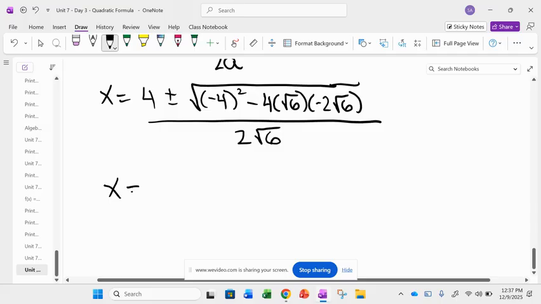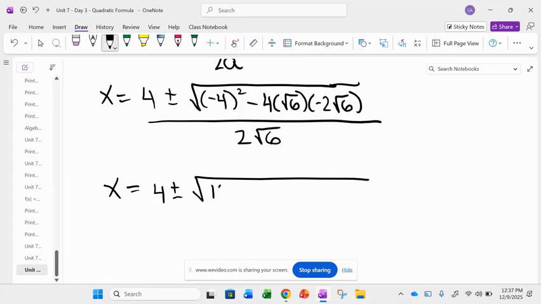So we're going to have x is equal to 4 plus or minus -4 squared is 16. And then -4 √6 times a -2 √6 is going to give us a +8 times 6, which is a +48, all over 2 √6.